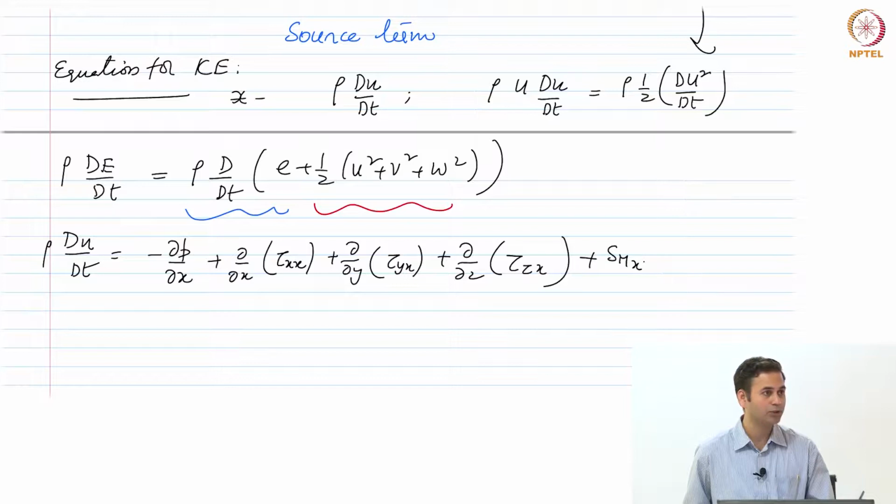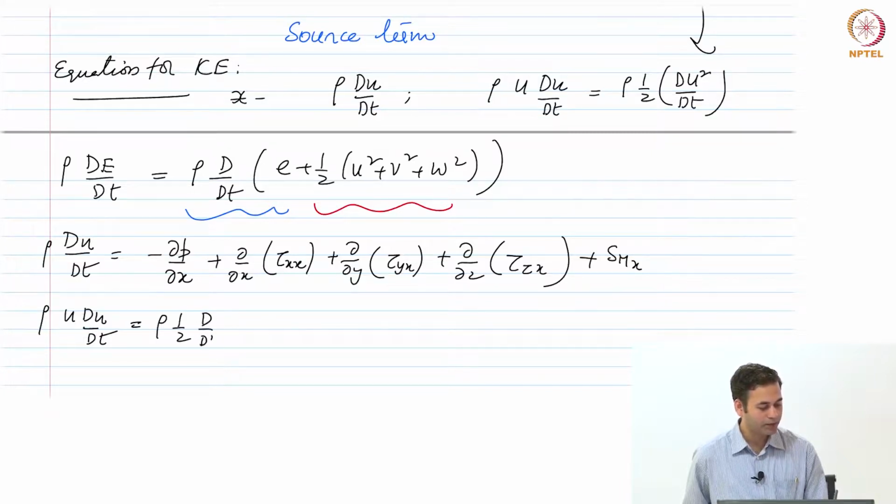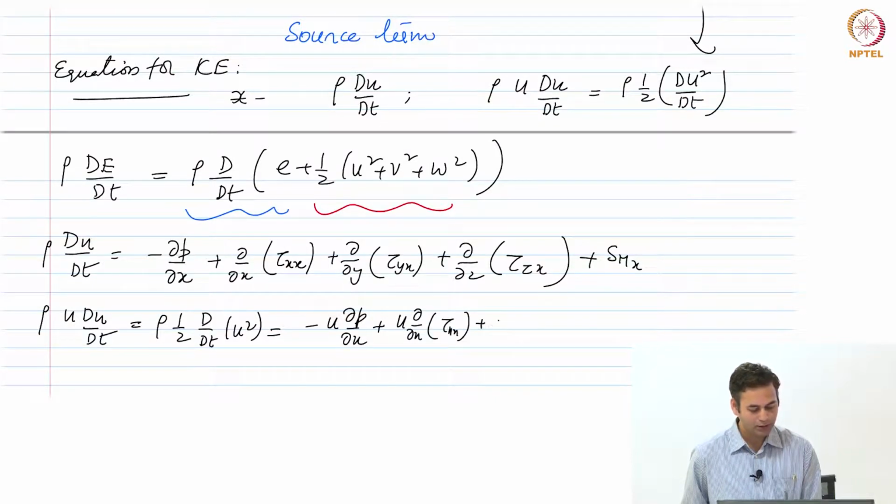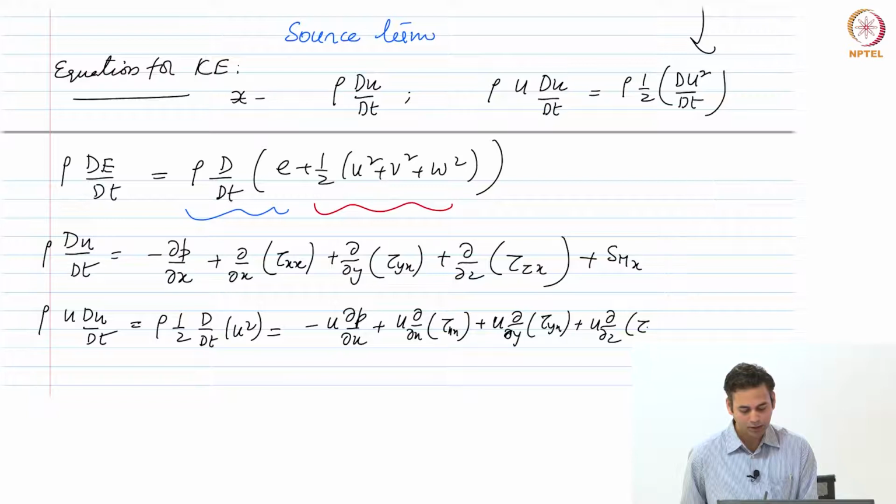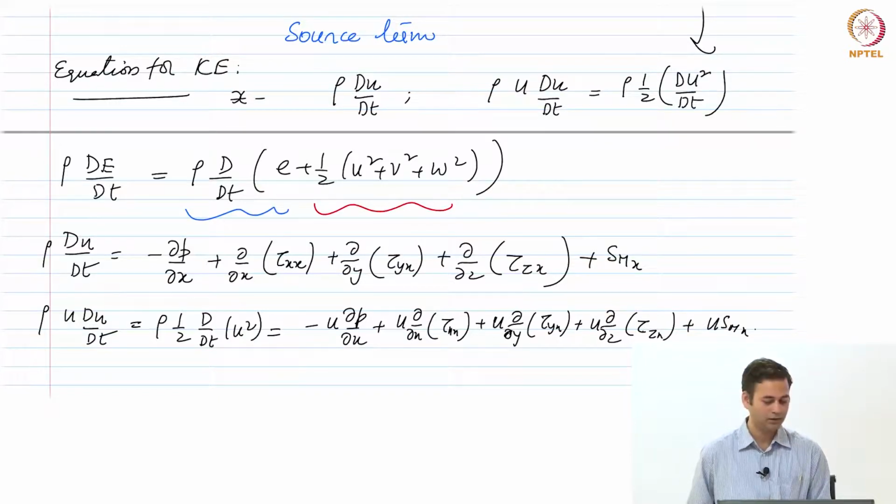We will multiply this with u, which gives rho u du/dt, which is nothing but rho times half d/dt of u squared, equals minus u times partial p partial x, plus u times partial x tau xx, plus u times partial y tau yx, plus u times partial z tau zx, plus u times Smx. Straightforward, we just multiplied that.